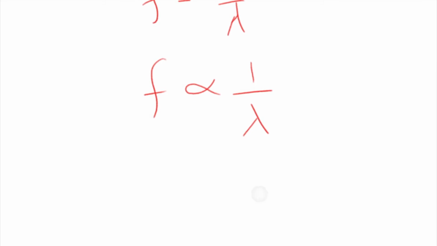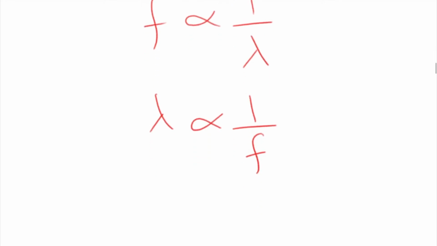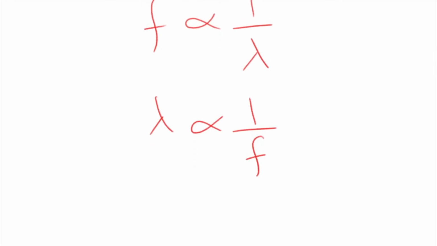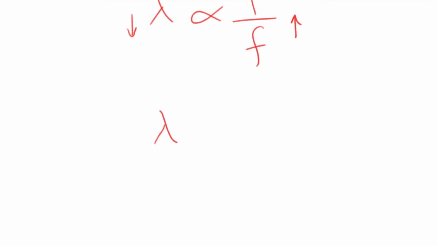Or we could say that the wavelength is inversely proportional to the frequency. What does that mean? All that means is if you double the frequency, you halve the wavelength. Or if you halve the frequency, you double the wavelength.